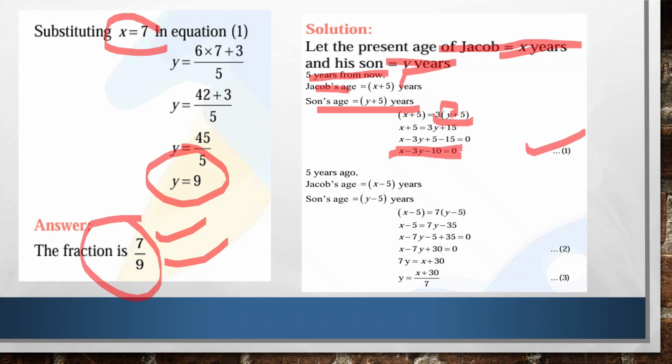5 years ago means before. So I can write x minus 5 years, and son's age is y minus 5 years. Again, the same thing you have to do. X minus 5 is equal to 7 into y minus 5. X minus 5, I'll write it as it is in the LHS side. Here 7 into y is 7y minus 7 into 5 is 35. So I'll get x is equal to 7y minus 30 as equation 3, and equation 2 is nothing but x minus 7y plus 30 is equal to 0.